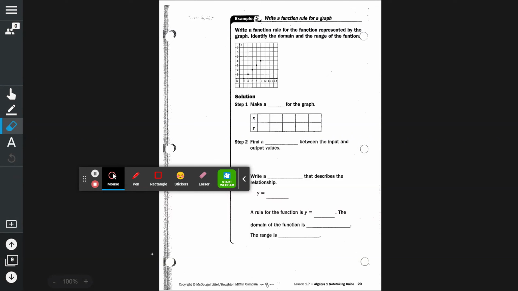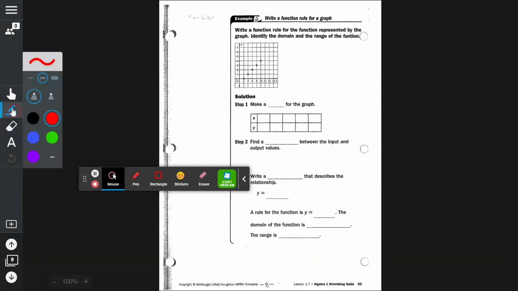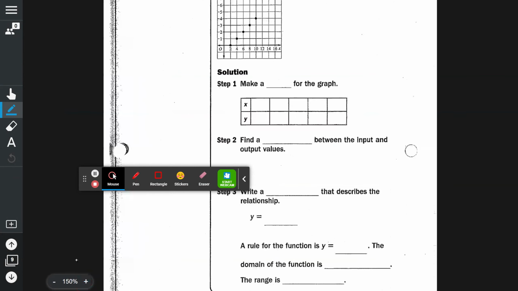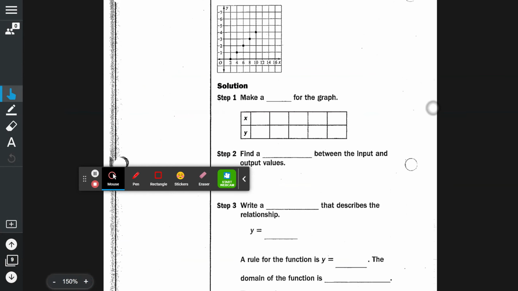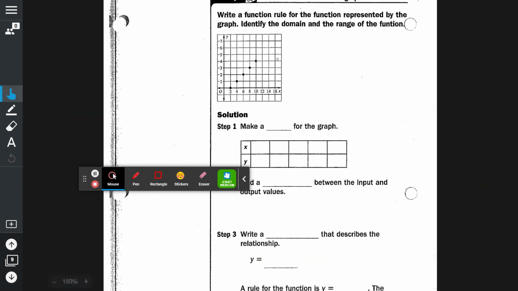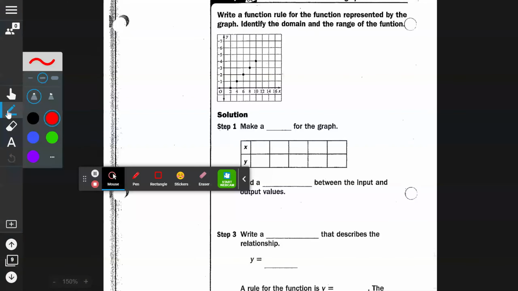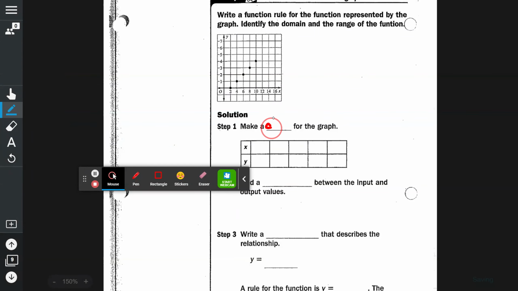Okay, so on page 8, it says this, what they're having us do. They're having us write a rule, but this is a little different. They start with a graph and they ask us to write a rule. So to do this, I'm going to say, okay, here's my graph. I have to make a chart for the graph.